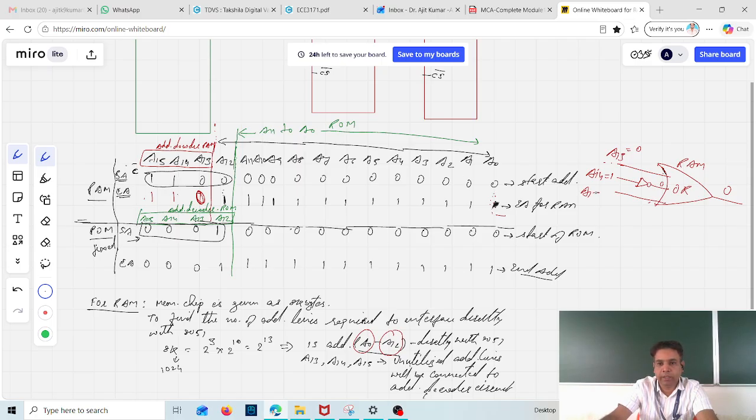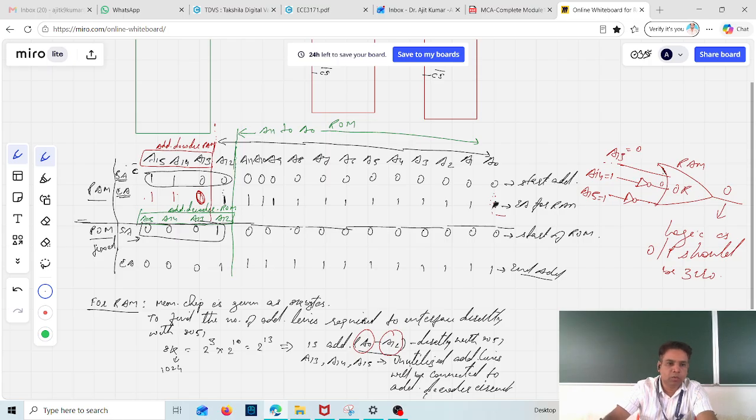So again, I need to pass this through a NOT gate so that it becomes 0, and the OR gate output should be 0. The logic is that the output should be 0. Remember this. Accordingly you have to see what the input should be, whether the NOT gate should be there or not. This has to be decided from your end.